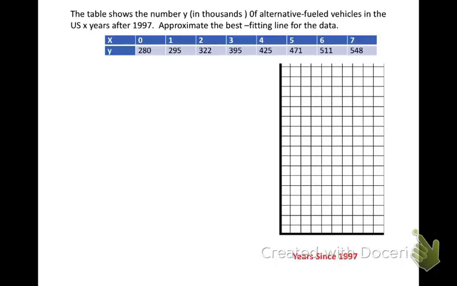So along the x-axis, I'm going to put the year since 1997, and along the y-axis, I'm going to label this the number of alternative fueled vehicles, and this would be in thousands. All right, so along the x-axis, I'm going to number this as 1, 2 through 7.